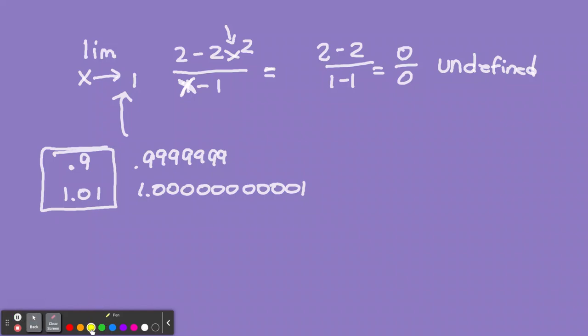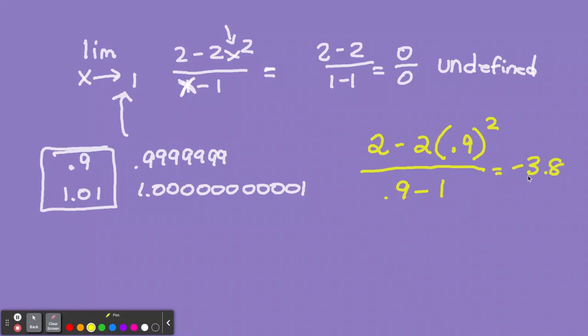All right, let's use yellow to get the answer. So if we took this equation, we said 2 minus 2 times, let's say 0.9 we used, and we had to square that, all over 0.9 minus 1. And if you did that, you would get negative 3.8. So let's do another one.